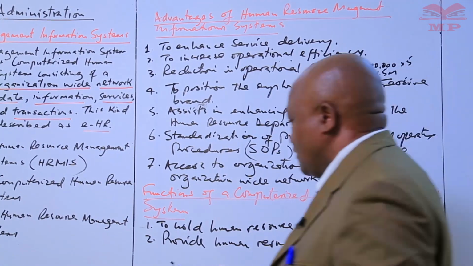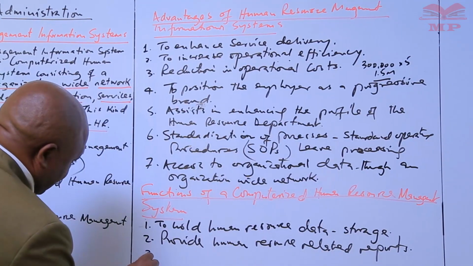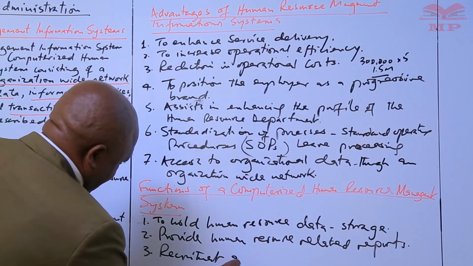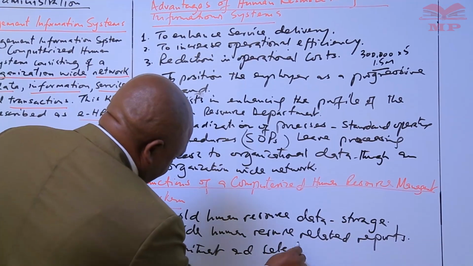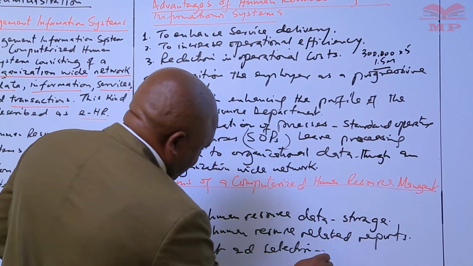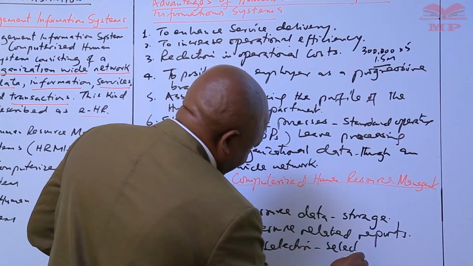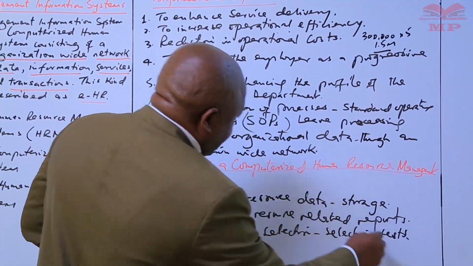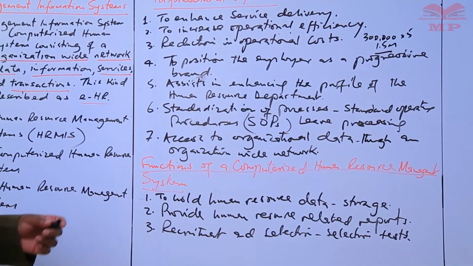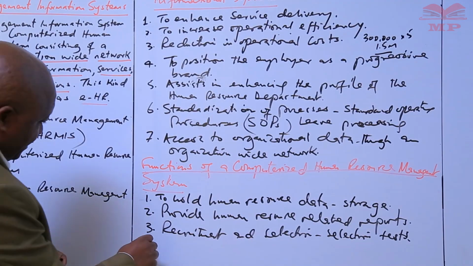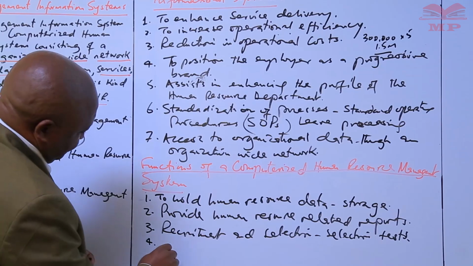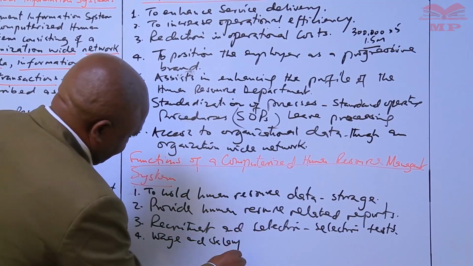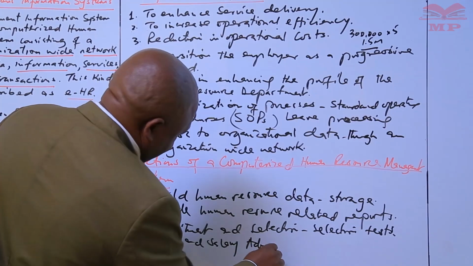Then there's also the area of recruitment and selection. Here you have, for example, selection tests. These selection tests can be done using the computerized human resource system. Then there is also the issue of wage and salary administration.